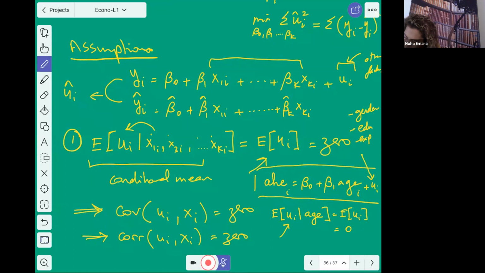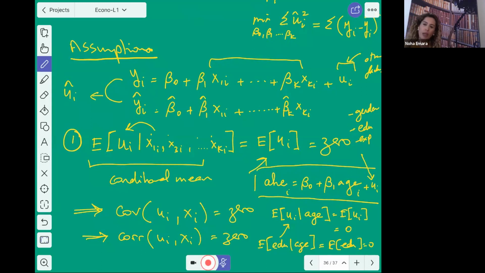So does that mean that the relationship between education and age is equal to 0? Yes, this is what this assumption means. There is no connection between age and education. There is no connection between age and experience. There is no connection between age and gender.